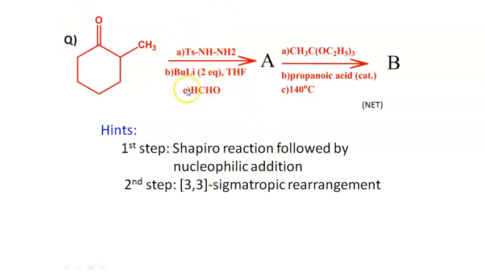I have already discussed the first step. And in the second step, this CH3COOEt whole 3, this will be acting as a base, and propanoic acid is the source of proton or source of H+. Okay, and heating is there. That means a pericyclic reaction can take place. Here specifically a 3,3 sigmatropic reaction will take place. So I hope by using these hints you will be able to solve this reaction.